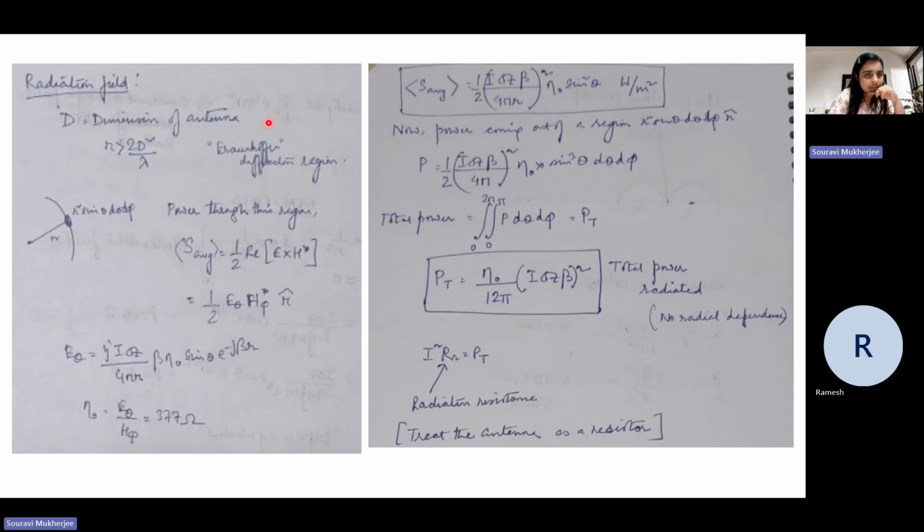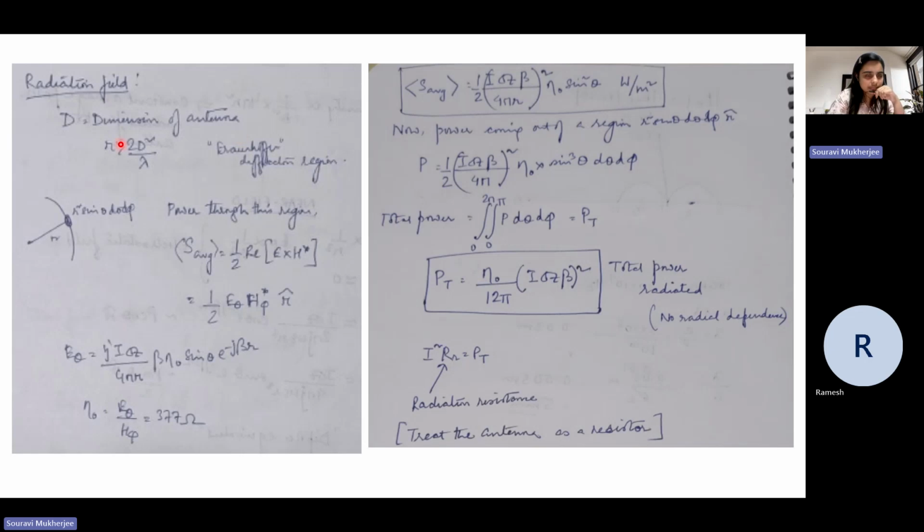Now the dimensions of the antenna are quite important. If the dimensions are comparable, then you cannot just consider it as a point dipole. The dimensions by themselves will be important, and the distribution of the fields around it will be important.